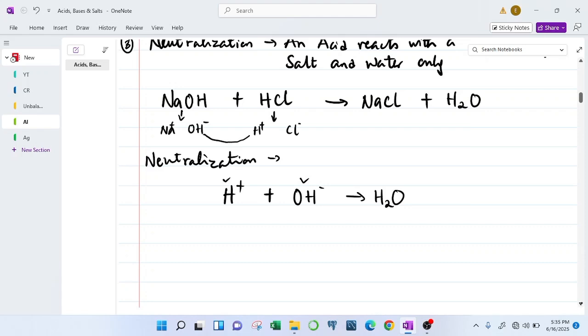Hydroxide goes to hydrogen and sodium goes to chlorine. You can see the hydroxide and the hydrogen reacting, that is the neutralization. When hydrogen ion reacts with hydroxide ion to give water. And in every acid-base reaction, this is exactly what happens.